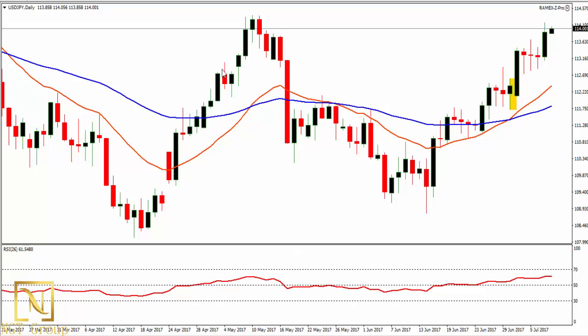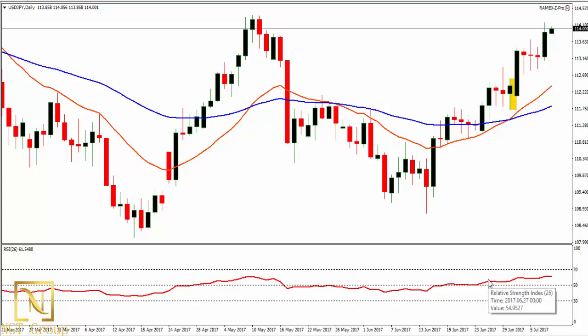Now I want to give you a walkthrough of my trade last Monday, and we only traded Monday last week because the rest of the time was holiday. As we can see here, the market is bullish, in a bullish uptrend.